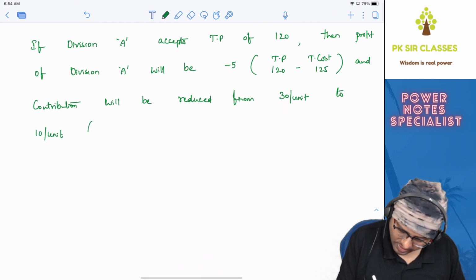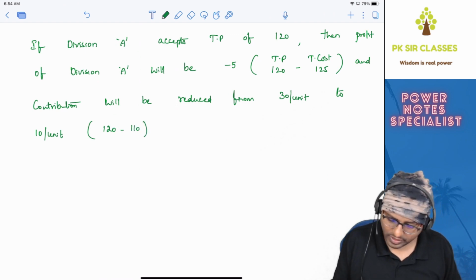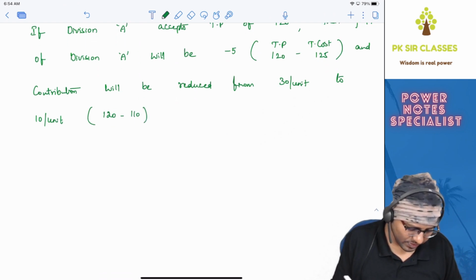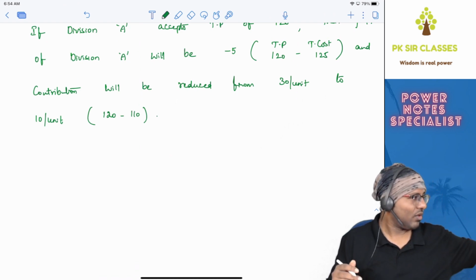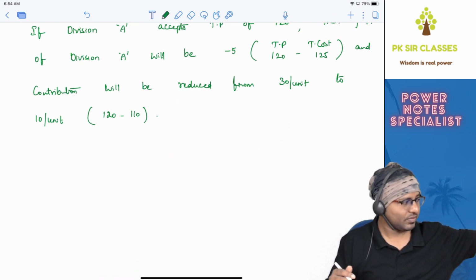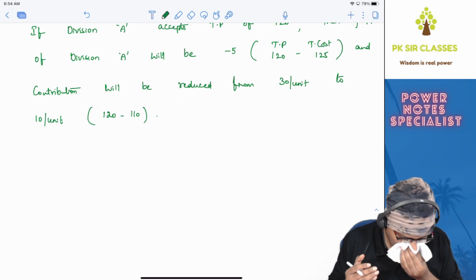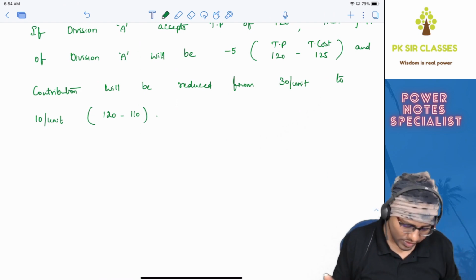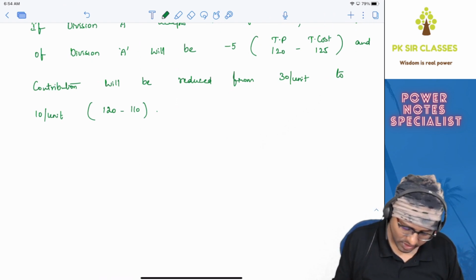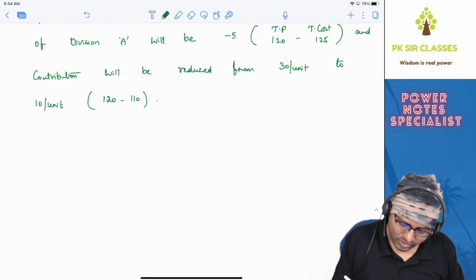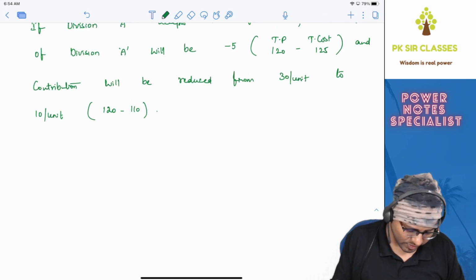Why 10? TP is 120 minus variable cost is 110. I hope this is clear. So 10 per unit will be your contribution, and profit will be minus 5.